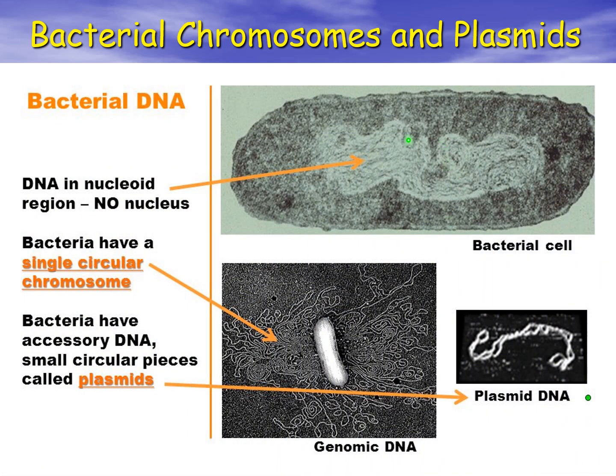So here's our nucleoid region. Here we've just wadded up this single circular chromosome into the center of the cell. And I love this picture. This is actually E. coli, and it has been treated so that the DNA is being extruded from the cell. If I started right here and followed this all the way around, I would wind up right back here.